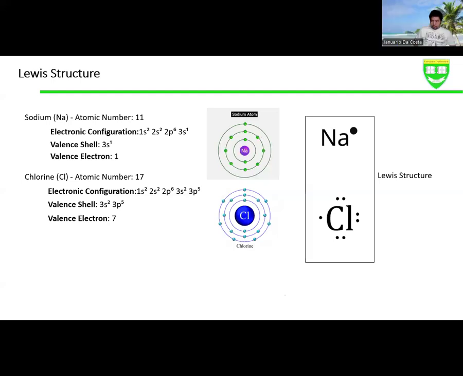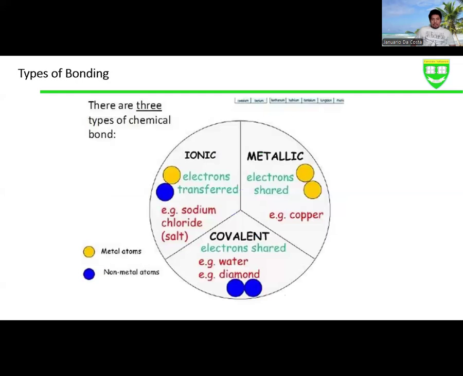Okay, so in terms of types of bonding, there are 3 types of atomic bonding. One is what you call ionic bonding, where you have electron transfer between them. Ionic bonding occurs between metal and non-metal atoms, which you should understand by now from our previous classes.